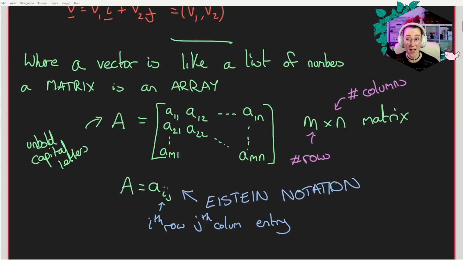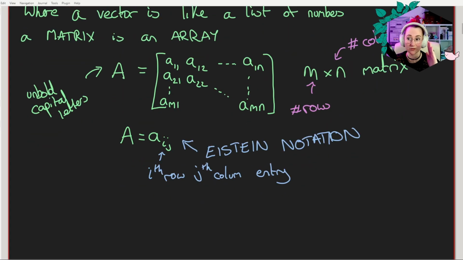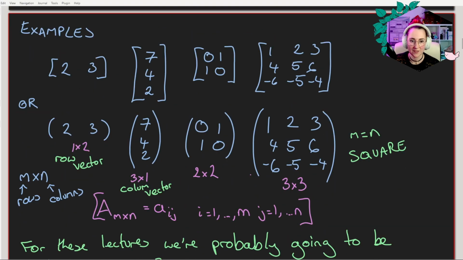Matrices don't have to be square, where they are the same number of rows as columns. They don't have to be, but they can be. Series of examples. When either the number of rows or the number of columns is 1, it is a vector, that is a column vector or a row vector, and our vector algebra starts to apply. If both m and n are 1, it's technically a scalar, because it's just a number.